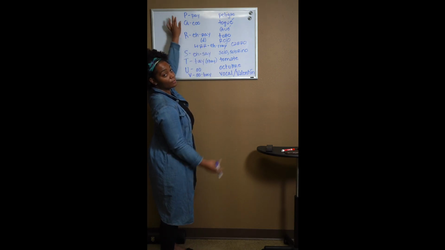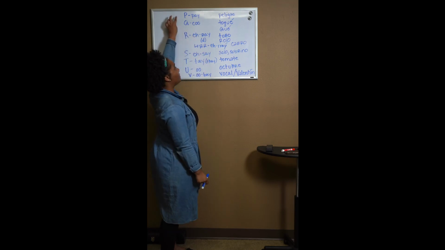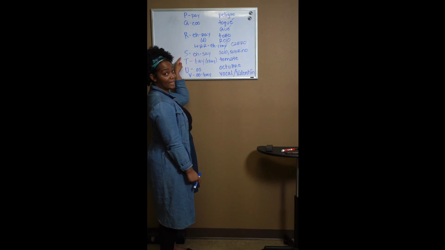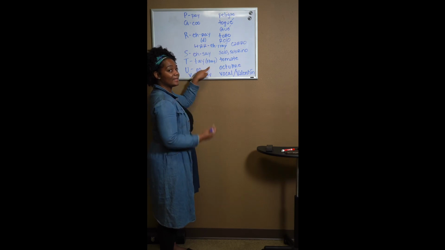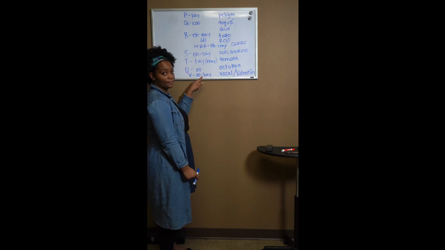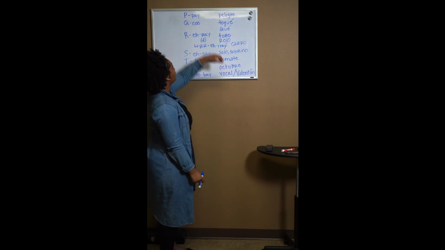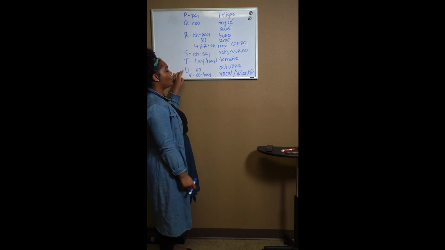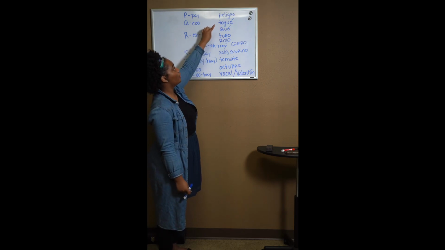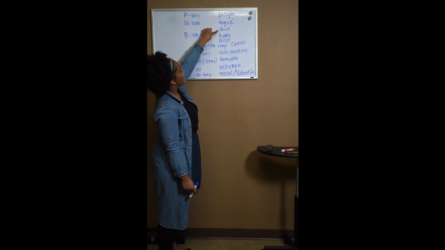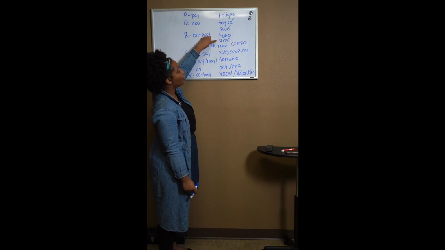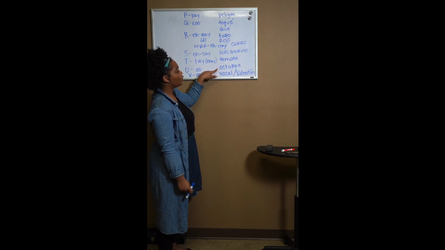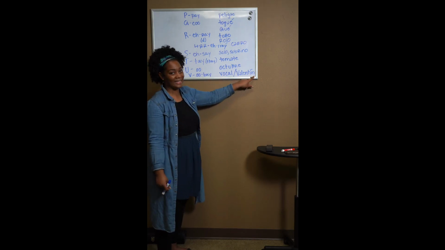So we have P, remember not P, Q, R, R honorable mention, S, T, U, V. So, P, Q, R, R, S, T, U, V. Peligro, toque, que, toro, rojo, carro, solo, sobrino, tomate, octubre, vocal, Valentín.